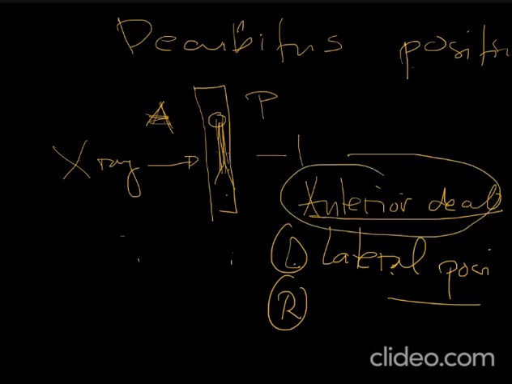Or if left lateral position or right lateral position, and the X-ray tube is at the posterior portion, this will be posterior decubitus position. Okay, so is it clear? Yes, ma'am.